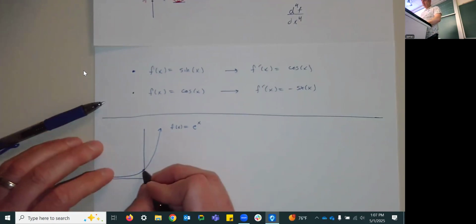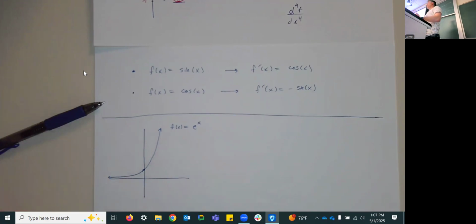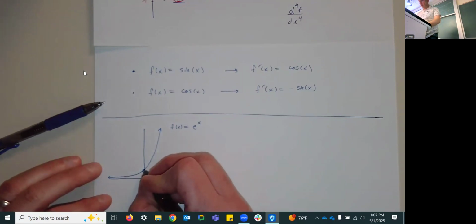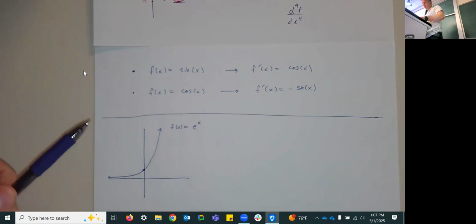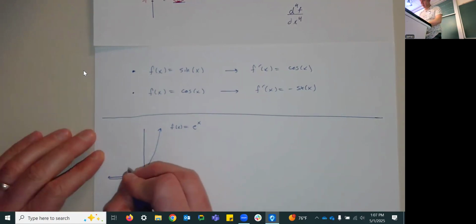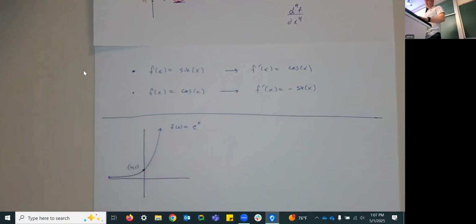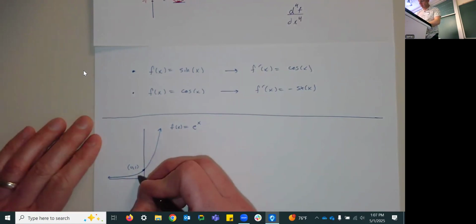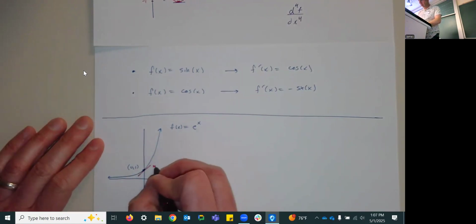Right here at the origin, you kind of have to believe me when I say this. I wouldn't lie to you about this, but there's not really a good way of showing it other than busting out Desmos and actually showing all the slopes that I say they are. But I will tell you that the slope of the tangent line right there, at the y-intercept, which is 0, 1, is 1.